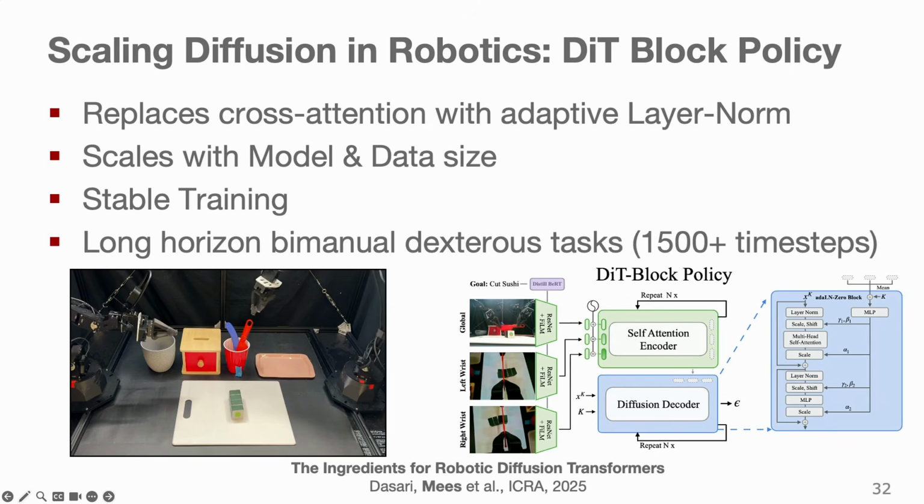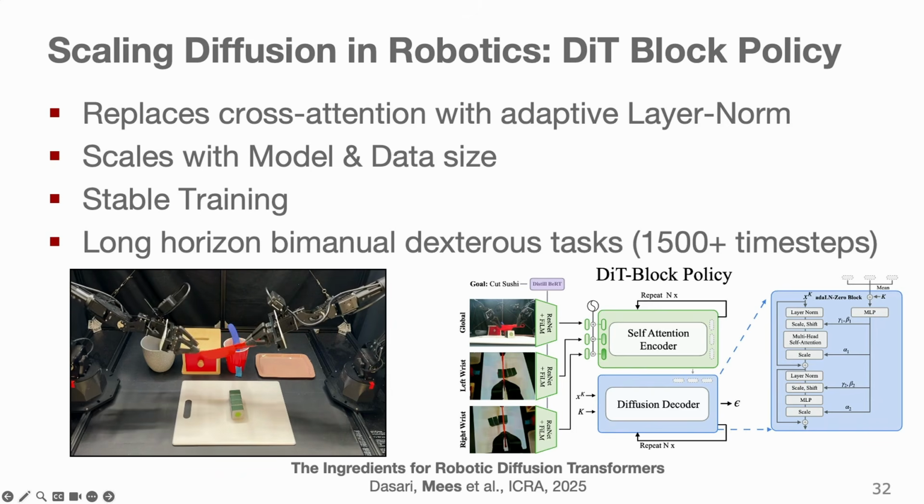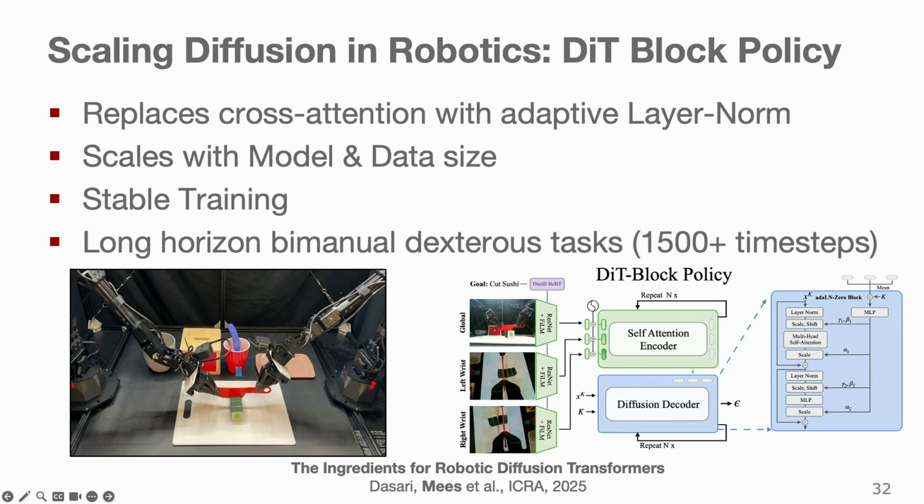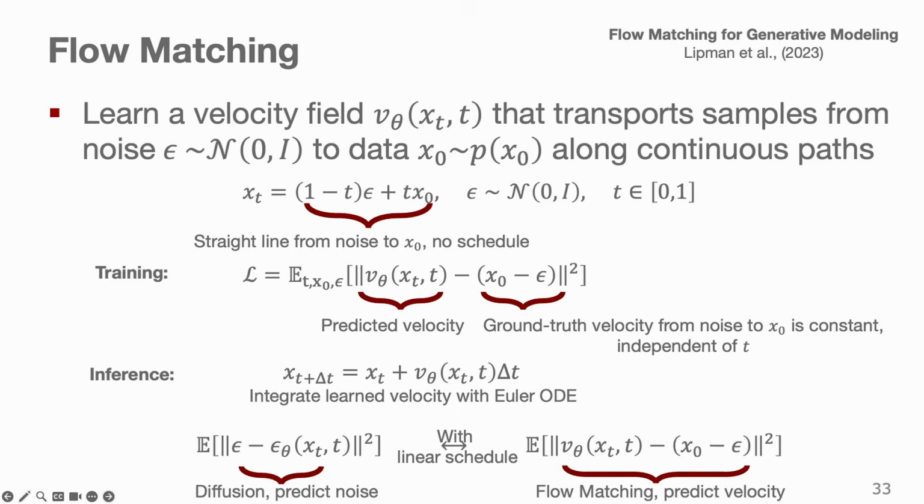So here, instead of having the observation tokens attend to action tokens through full cross-attention, the conditioning information is injected directly, modulating the scale and shift parameters of the layer normalization inside each transformer block, as you can see on the right. And this is more stable for training, and really scales empirically much better. And as you can see, this also allows handling really long-horizon dexterous manipulation tasks such as sushi cutting.